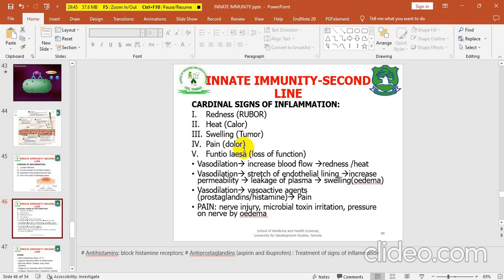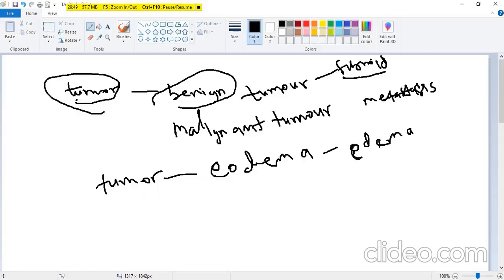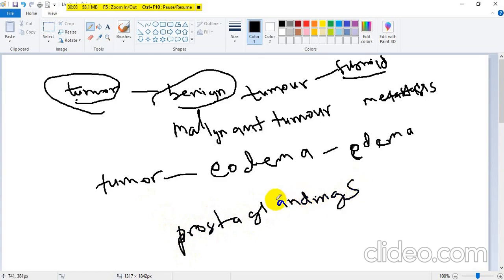Pain, that is dolor. There will be pain there because histamines and prostaglandins will be produced. And when you have a headache or pain somewhere, it means that fatty acids have been broken down to produce what? Prostaglandins.